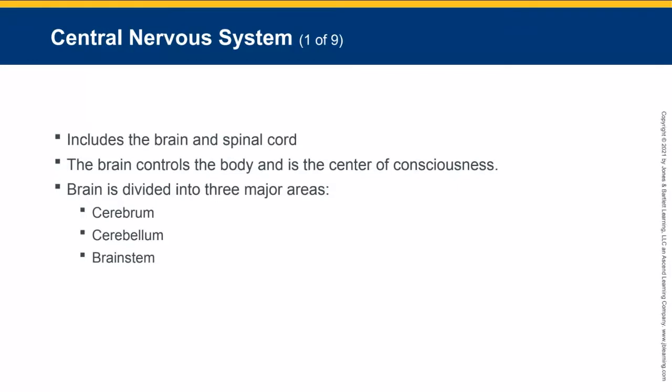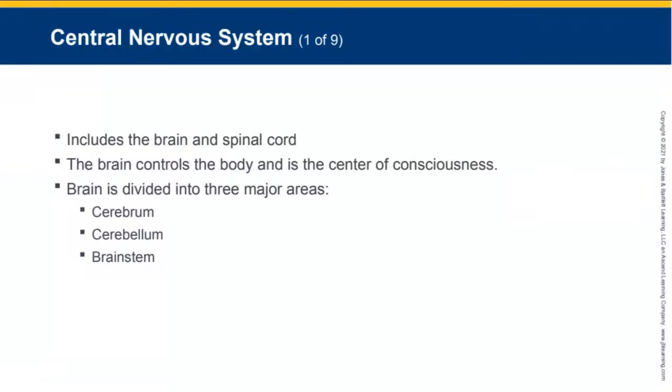The right hemisphere controls function on the left side of the body. The left hemisphere controls movement on the right side of the body. Let me repeat that. The cerebrum is divided into the right and left hemisphere.